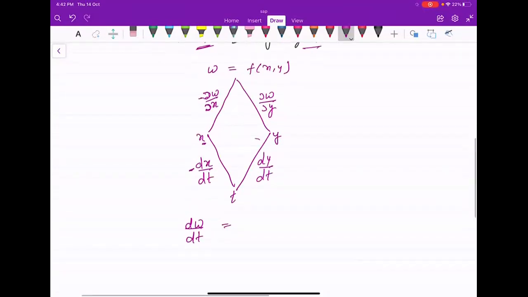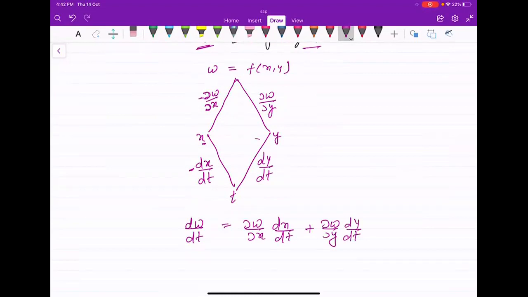It should be clear. So if we are writing dw over dt, it's very easy to understand. First w is a function of x and y both variables, so we write del w over del x, and then x is associated with t, dx by dt, plus del w over del y, dy by dt.